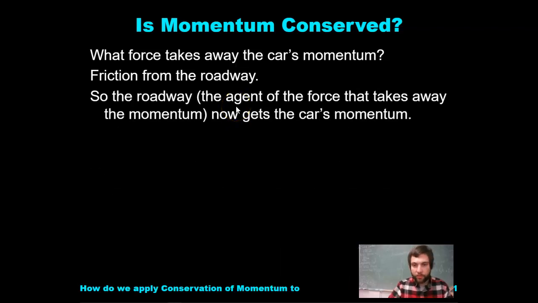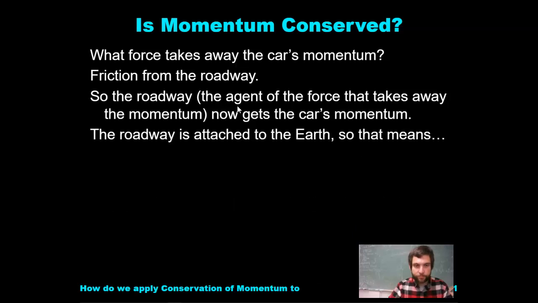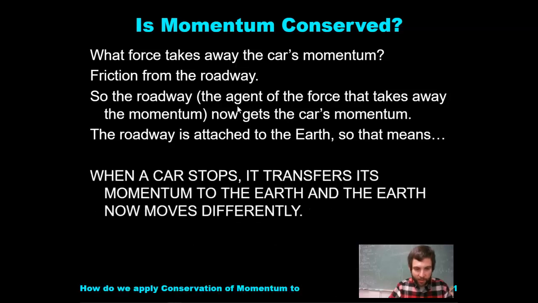So the roadway is the agent of the force that takes away the momentum, and the roadway gets the momentum. The roadway is attached to the earth, so that means when a car stops, it transfers its momentum to the earth, and the earth now moves differently.